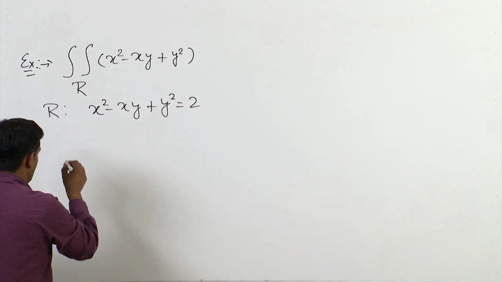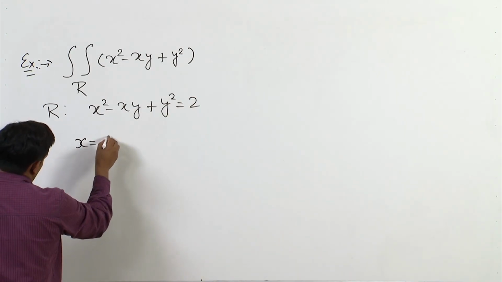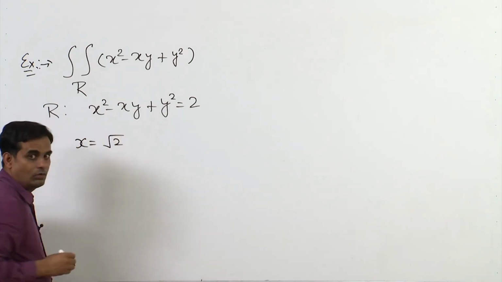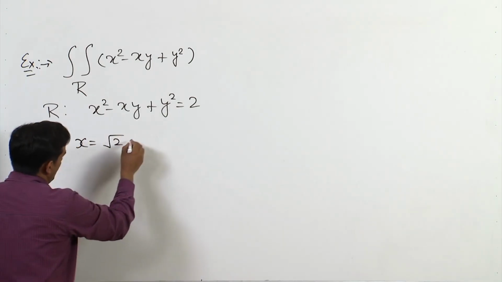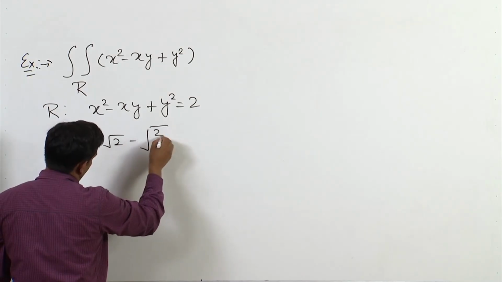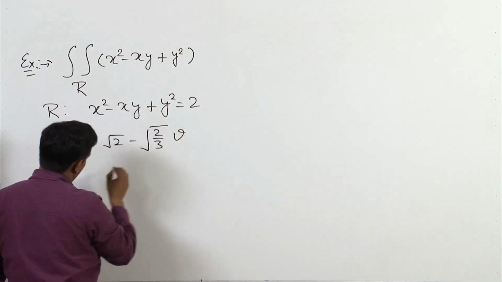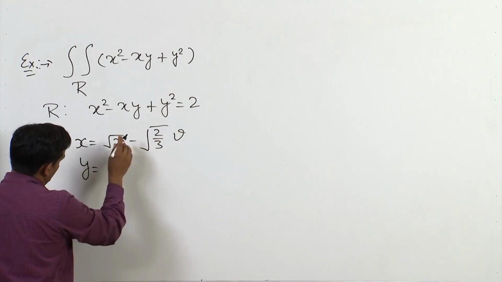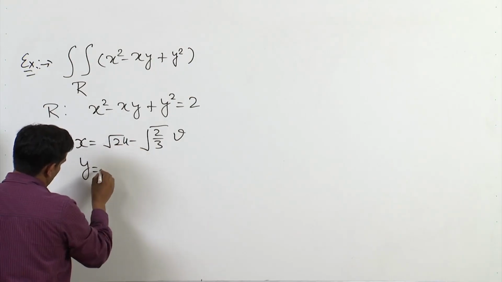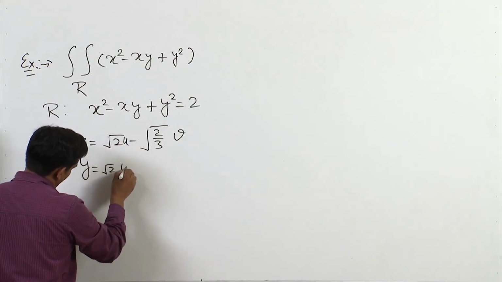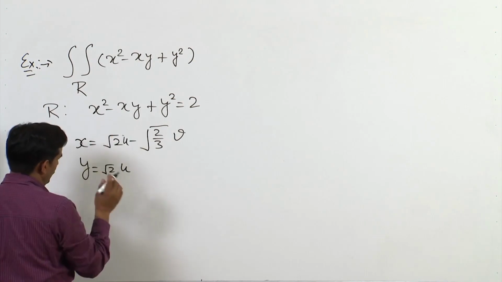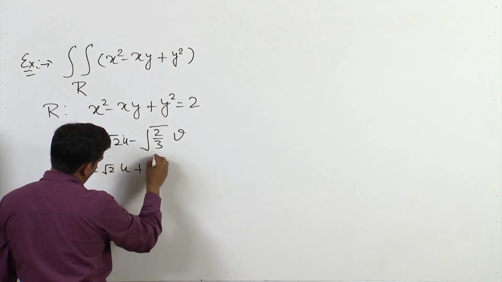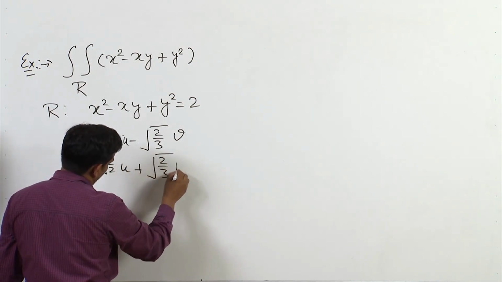The transformation which I need to apply is x equals root 2 u minus square root 2 by 3 v, and y equals square root 2 u plus square root 2 by 3 v.